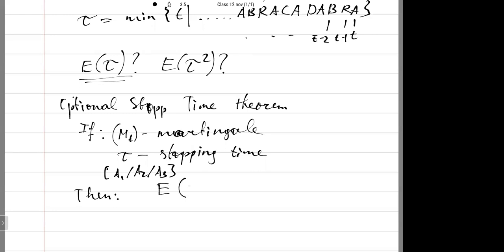The expected value of some complex random variable at this moment of time is just the starting value. In most cases, M_0 is a constant, so we initialize the process by some constant. You don't even need to calculate the expected value.